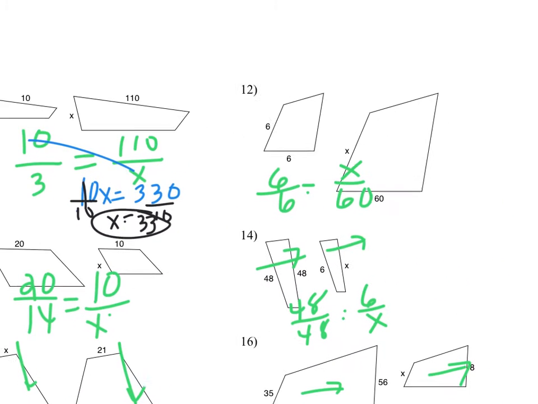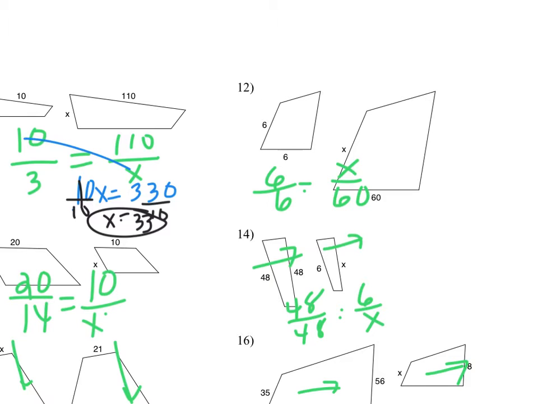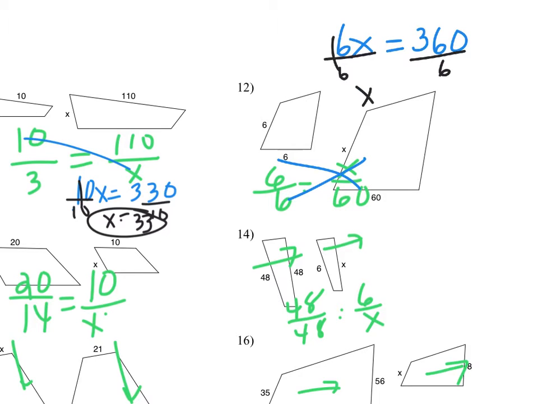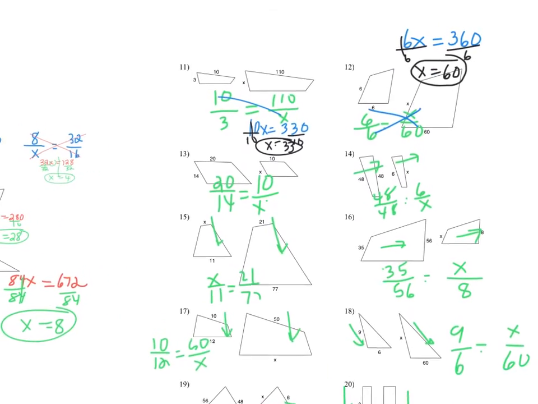You know how to solve these one-step equations at this point. 6x equals 360, divided by 6, divided by 6, x equals 60. Okay, you just got to take your time and solve those equations. I know you can do that.